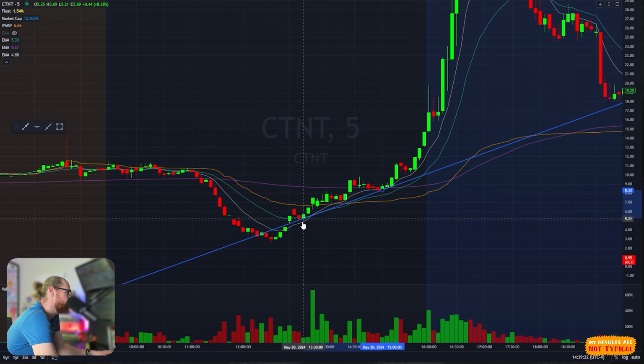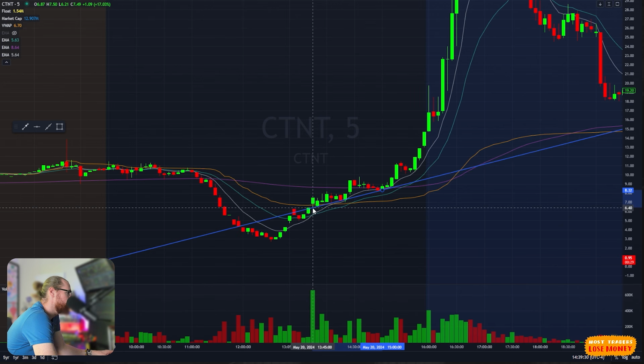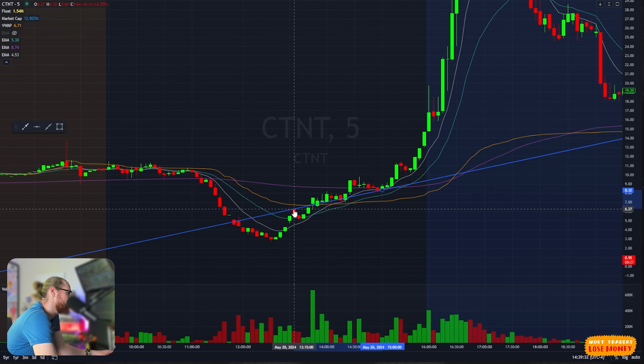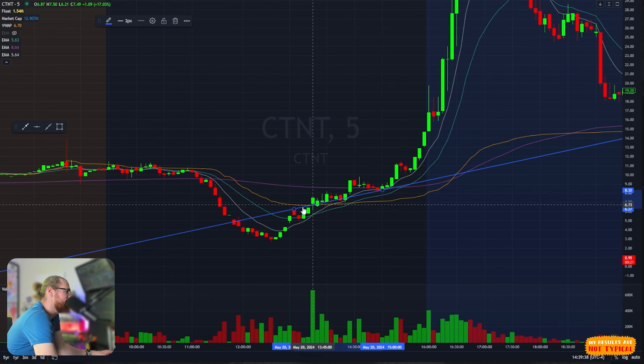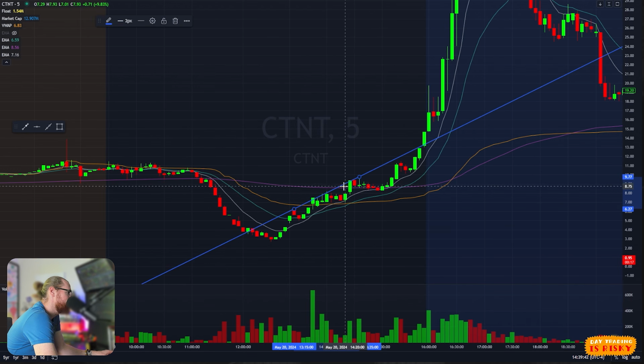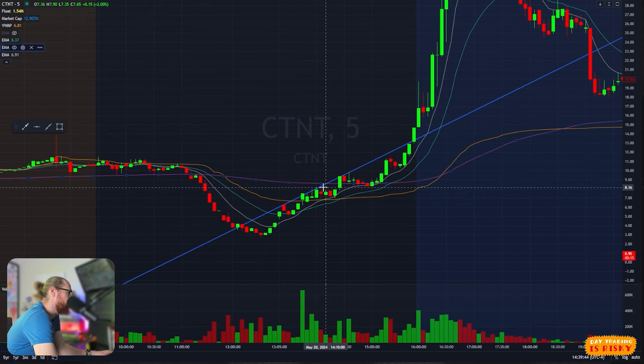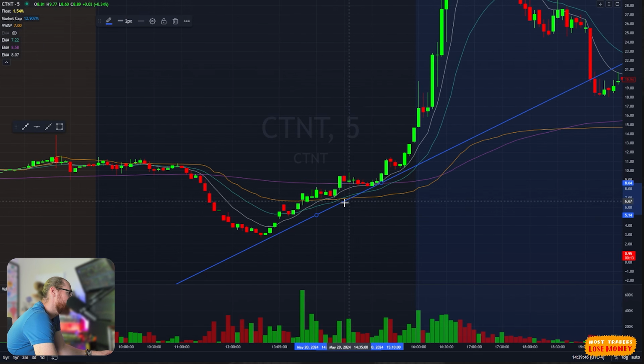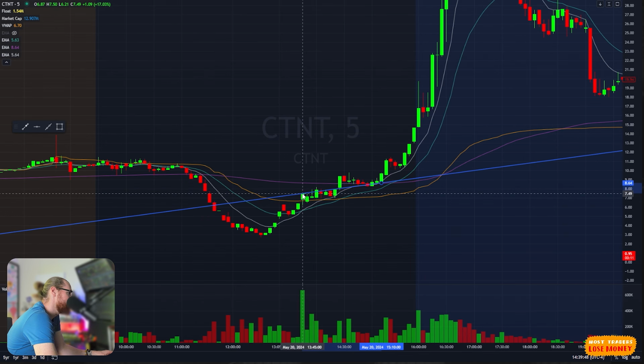Now, when you're drawing a support line, it's important to know that you want to connect lower candles. You wouldn't want to connect it to like this candle here. That would be connecting a resistance point with a support point. That's not a correct way to draw it. You can connect resistance and resistance, and you can connect support and support, just like this, but you don't want to cross through price action.